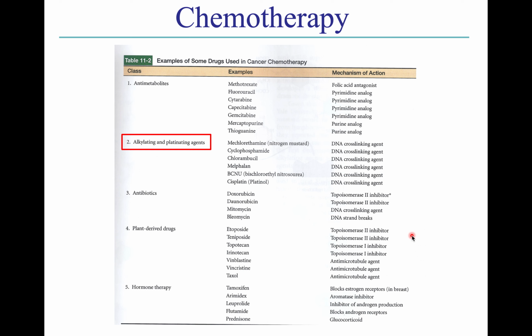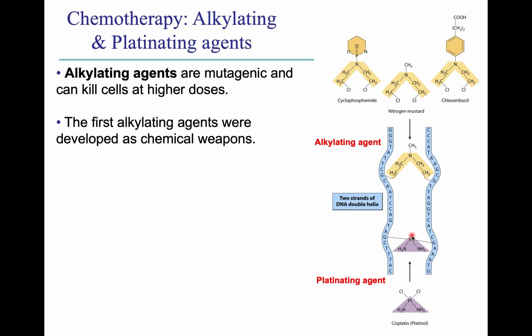Then we have the alkylating and platinating agents, and these are basically all DNA cross-linkers, meaning they will insert themselves in between the two strands of DNA and then covalently bond to either strand, hence cross-linking those two. And if the two strands of DNA are cross-linked, that's going to prevent them from being easily separated and prevent, again, DNA replication from occurring normally. You can see all the alkylating agents. They have these two arms.